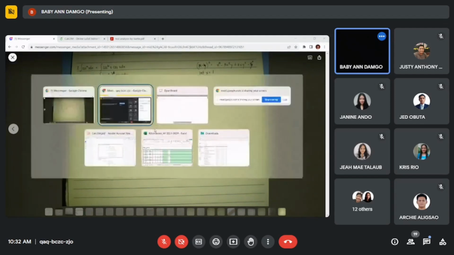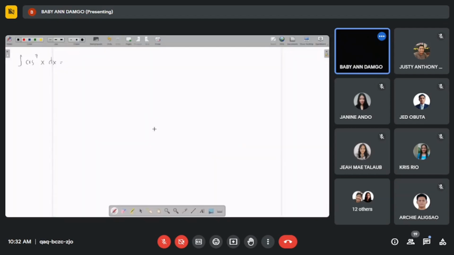Okay, so let's solve. So this is equal to the integration of cosine to the 6x times cosine x dx.